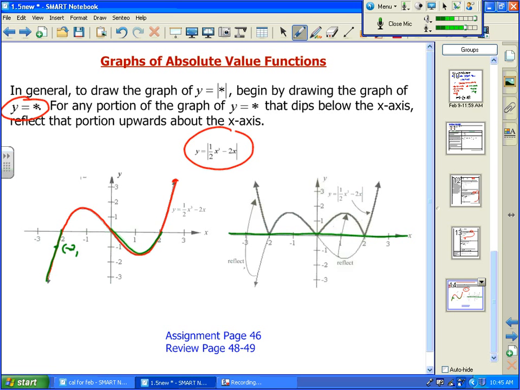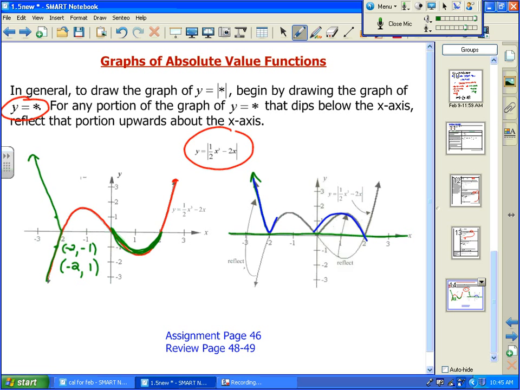So at this point with -2 and -1, it will become -2 and +1. So it's going to be up here. See this portion here is this part going up. It's a mirror reflection. This portion in green here will become this portion in blue.